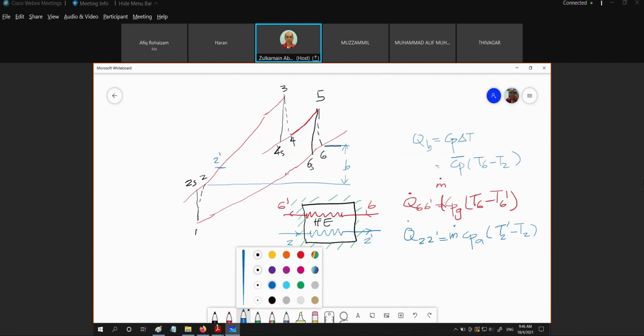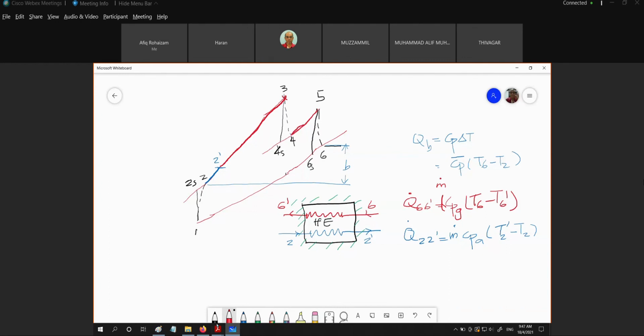So right now, this 2 to 2 prime is the process in the heat exchanger, also known as the regenerator. And the actual Q that we have from the combustion chamber is from 2 prime to 3, and this is the actual. For 4 to 5 is a reheat, a normal reheat.